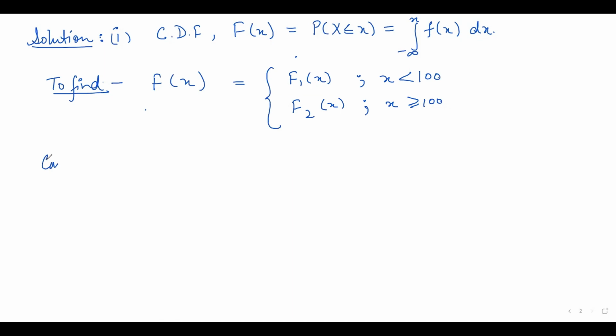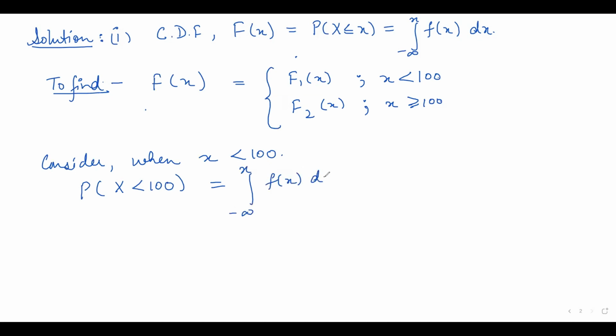So consider the case when x is less than 100. So the probability of X less than x would be the integral from minus infinity to x of f(x) dx by the definition of CDF. So using 1, we get this.